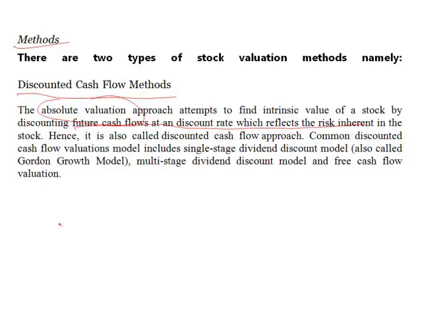So the absolute valuation approach attempts to find the intrinsic value of a stock by discounting the future cash flow of that stock at a discount rate which reflects the risk inherent in the stock. As a result of this, it is also called the discounted cash flow approach.